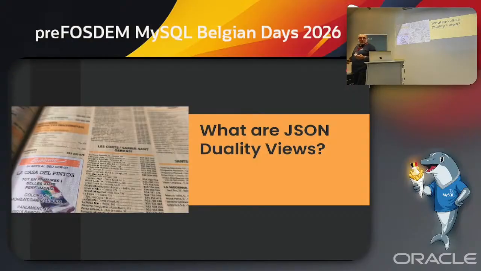What are JSON Duality views? I remember when I was a kid, there were several books with phone numbers. You had the yellow pages and you had the white pages.